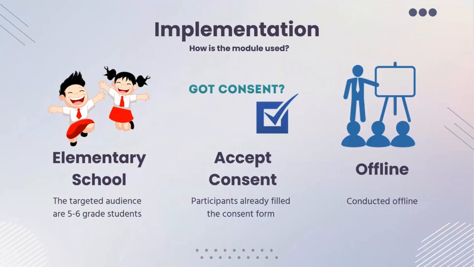I also asked for their consent if they were willing to play it, and they agreed. Since I was able to conduct it offline in my hometown, I provided them with my laptop as a tool for them to play the module or the game.